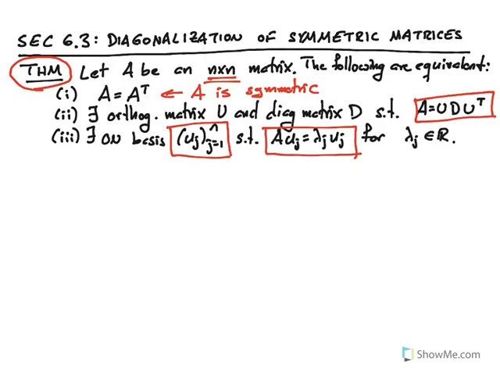But if it is symmetric, not only do the eigenvalues exist, but you can build an orthonormal basis so that any vector can be written as a combination of eigenvectors. And this is super helpful because the action on an eigenvector is just scaling. So it's very easy to understand such a matrix.